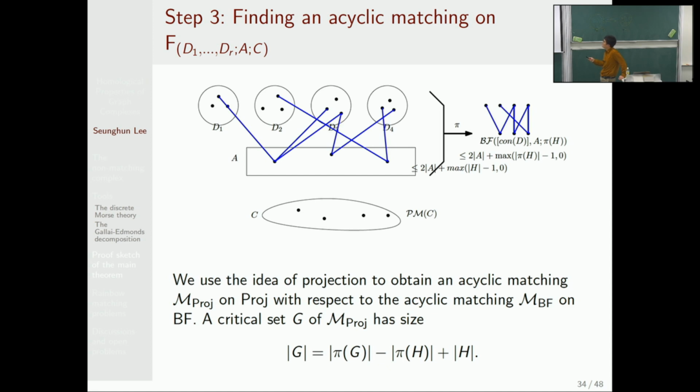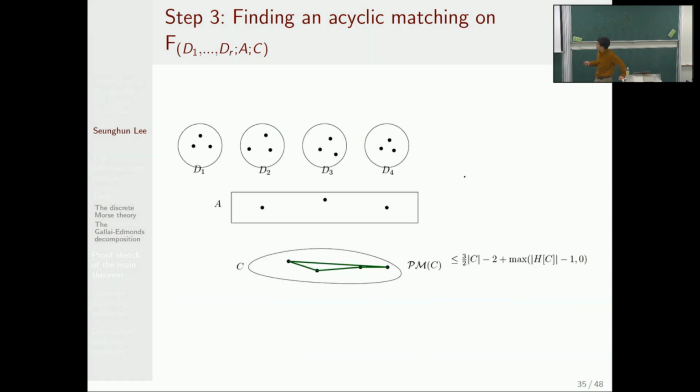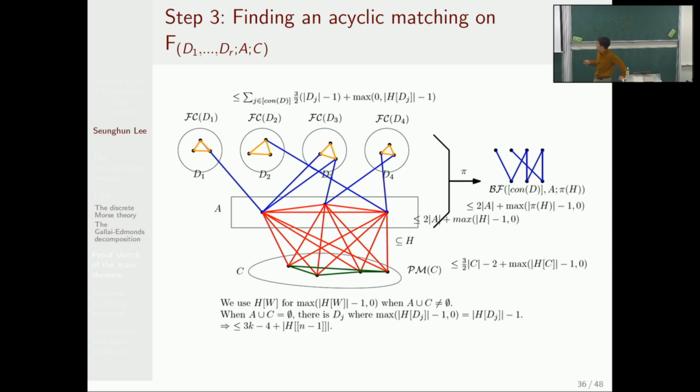It can be shown that for the image family, we can find the upper bound like this. If we use this and this, we can conclude this upper bound for the family PROJ. And for the matchings in the PMC, we can also have the upper bound here. By summing them up, we have the desired conclusion.